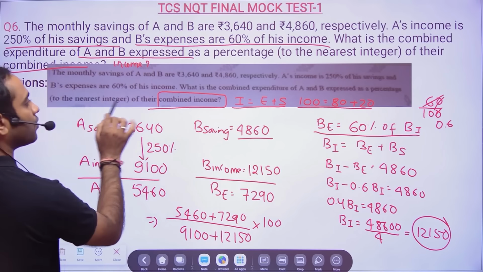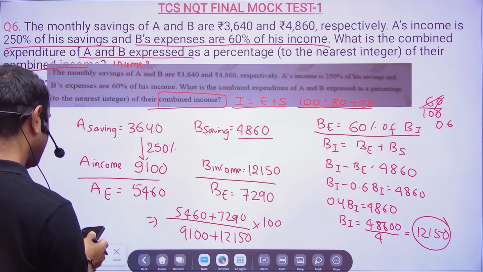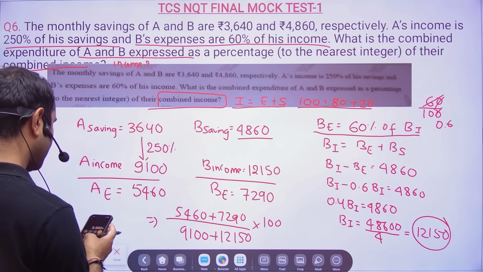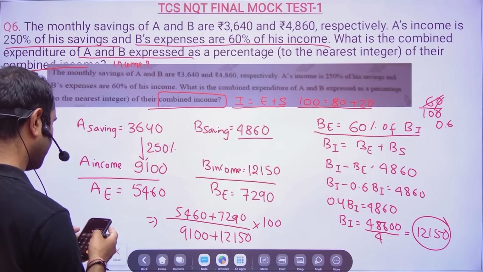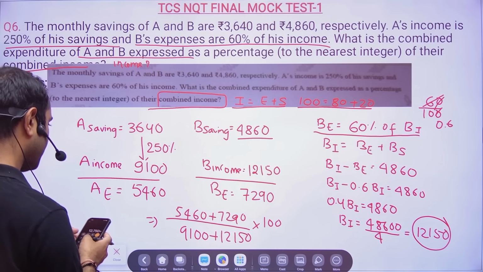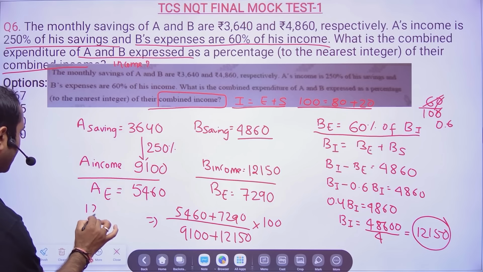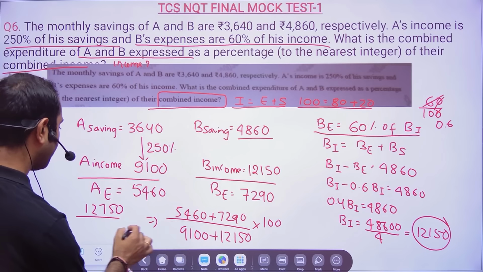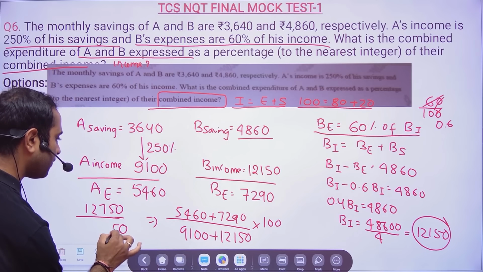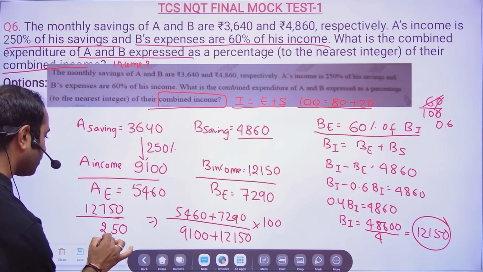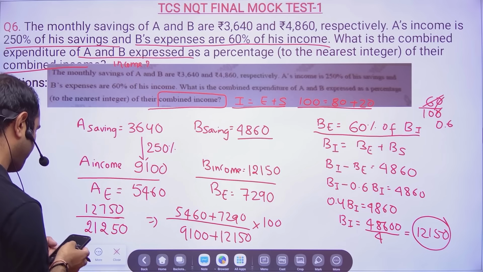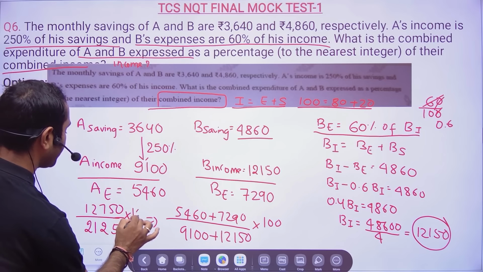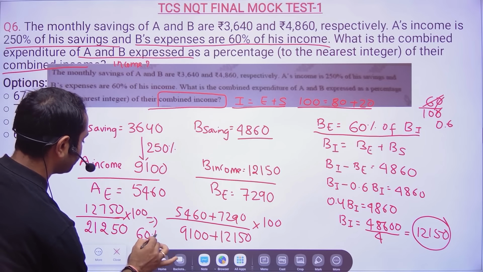So 5460 plus 7290 is 12750, divided by 21250, into 100, so it will be nothing but 60%.